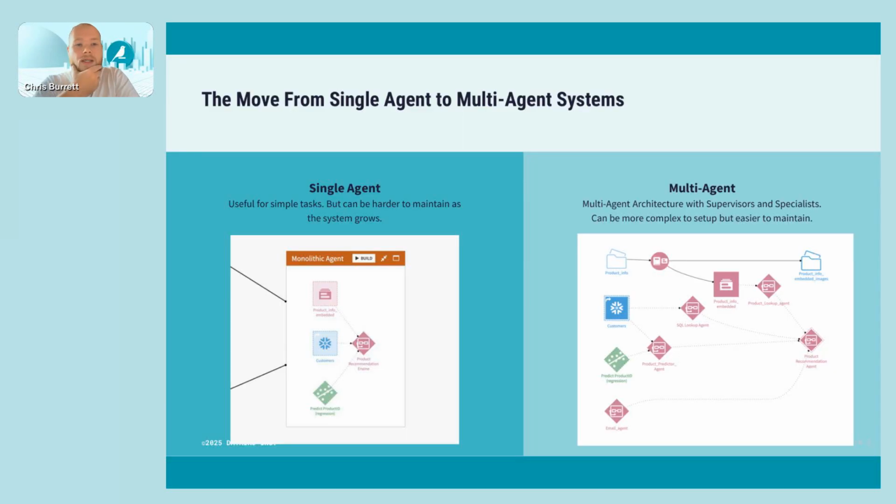The next trend that I'm seeing is really the single agent use cases, which a lot of organizations have already started experimenting with and even putting into production, moving towards multi-agent use cases, where suddenly we're looking at various different agentic architectures, where we've got supervisory agents with specialized agents under the hood. There's a couple of pros and cons for each. What we see is specifically with single agent use cases, once the tool set grows, it can become quite complex for the agent to manage all of those different tools.